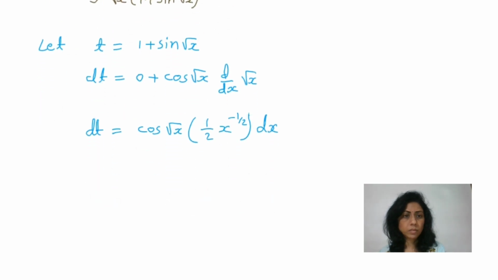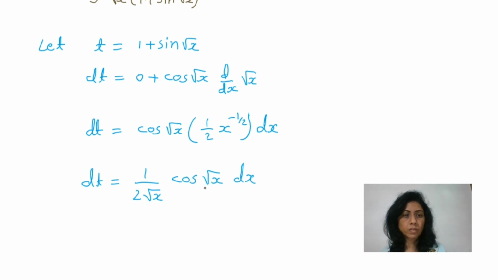Okay, so dt is equal to 1 upon 2, and when we write this in positive exponent, it goes down: x to the power 1 upon 2, or we can write square root x, cos square root x dx.